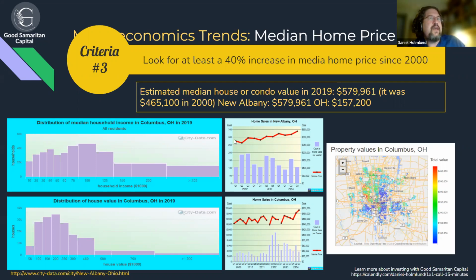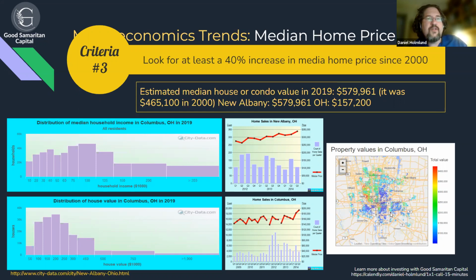You can see here an uptick in home sales, particularly during the pandemic, particularly during the last years here. And then over here, you can also see that prices have been going up in the area as well. So here's a little bit of a comparison between New Albany and Columbus.